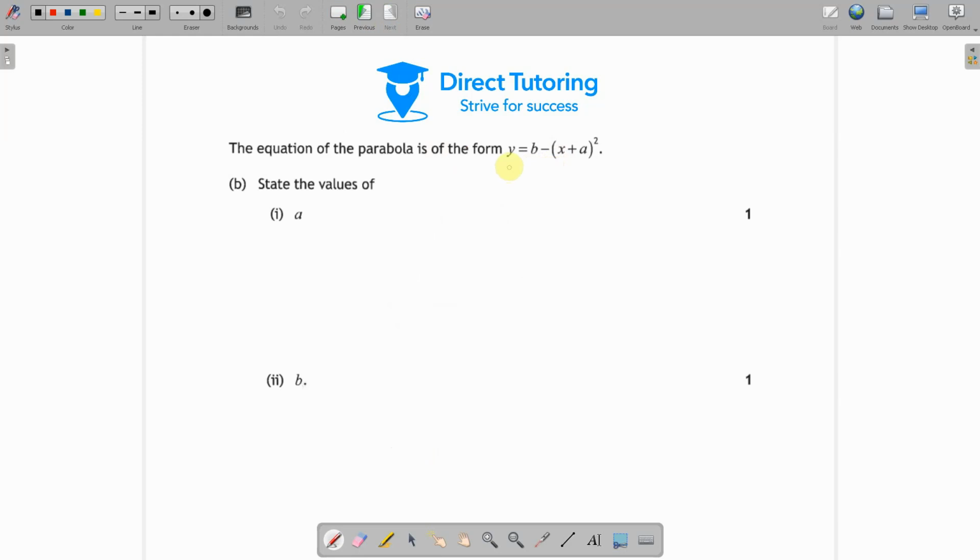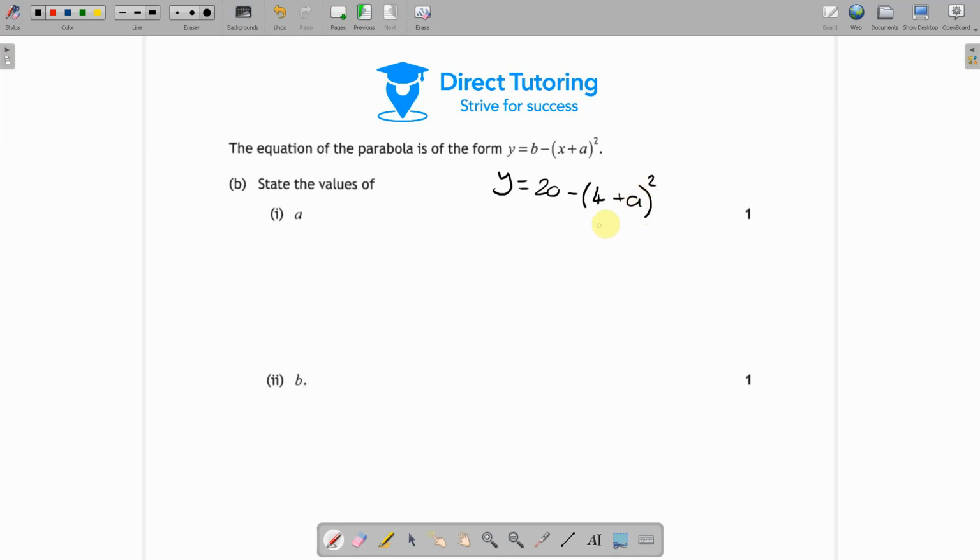So, if we were to write this using the numbers from the turning point, what you would end up with is y equals, now b is the y value, so that would be 20, minus, now the x value would be 4, plus a, squared.